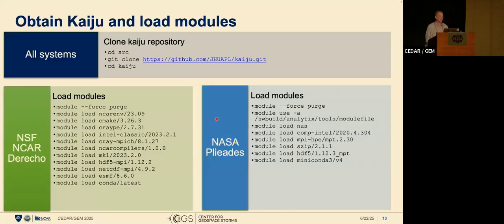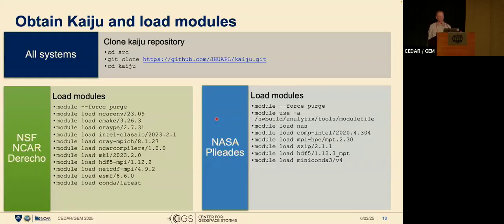If you do git clone without anything besides the URL listed there, it will create a directory called kaiju with all of the software downloaded into it and the repository version. So you're going to want to cd into that.